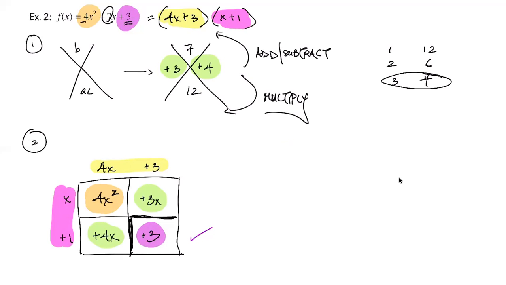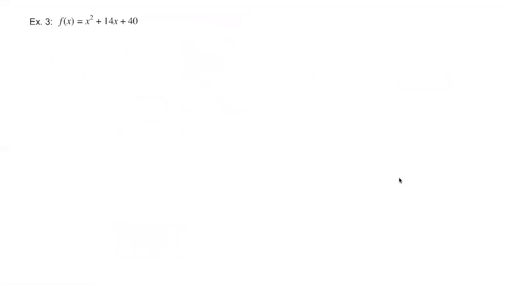All right, let's go ahead and try example 3. Now I think this kind of factoring tends to be easier for folks because our a value is actually 1, but I want to show you that this technique works when a is 1 as well. We're going to start off the same way.